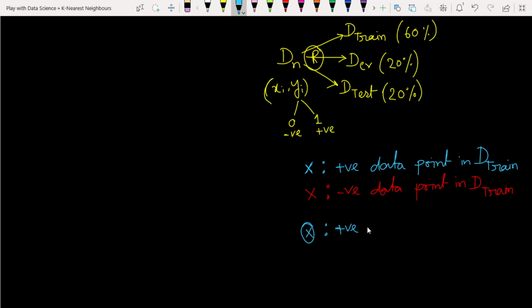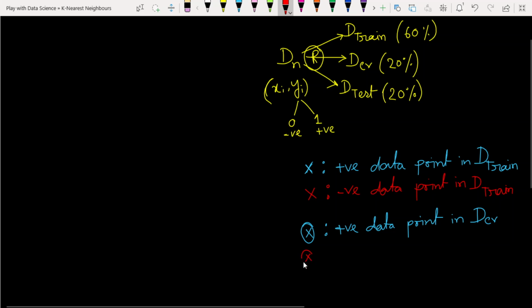In the same way, in the negative color, we take a negative data point in cross validation. Now let's first draw some positive data points from D train.